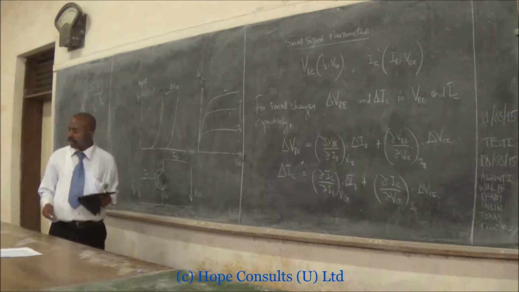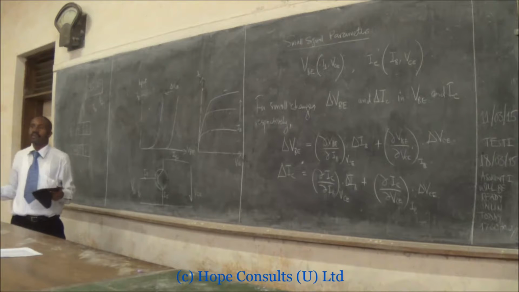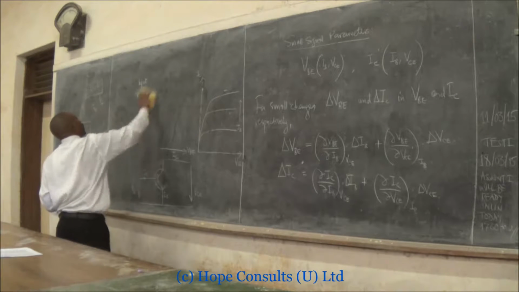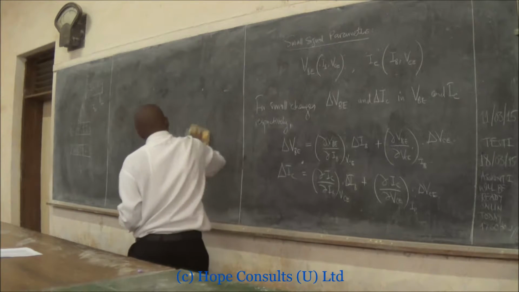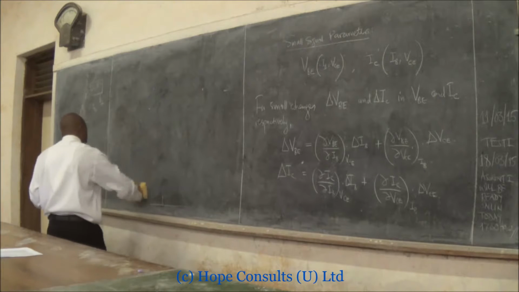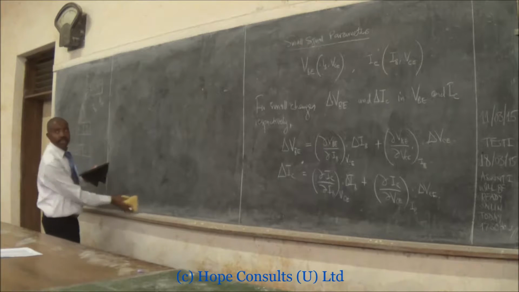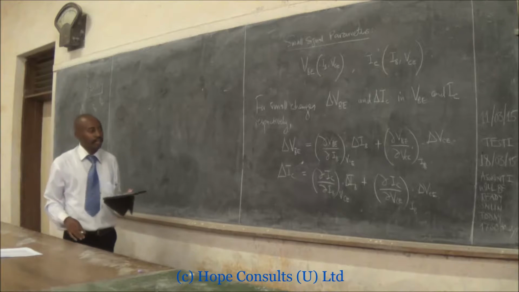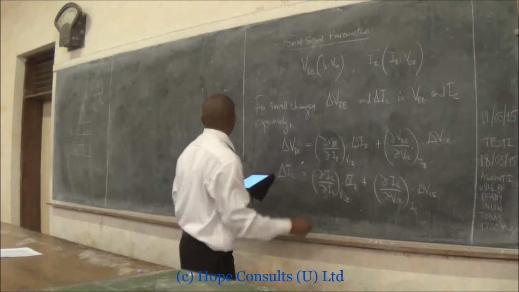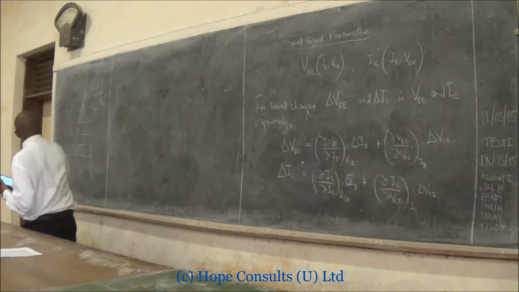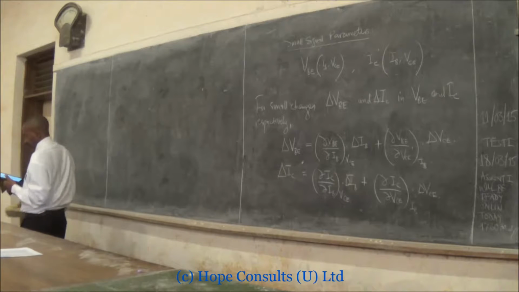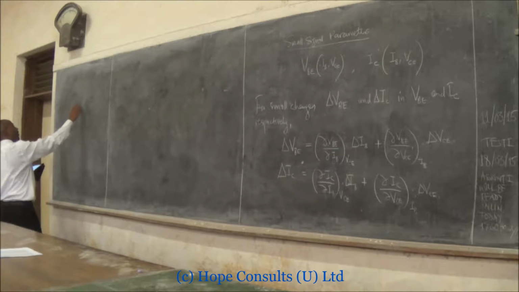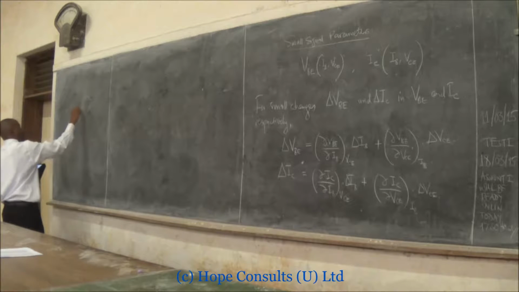We know from Ohm's law, or from the definition of resistance, the ratio of voltage to the current gives you the resistance. Just for clarity, we got our transistor.